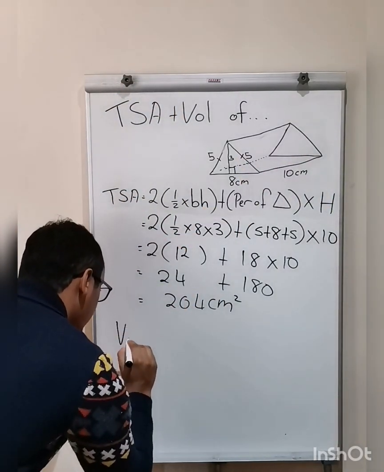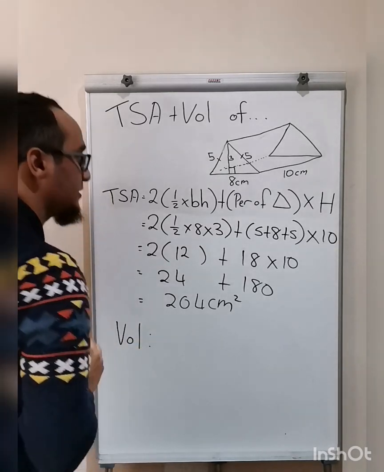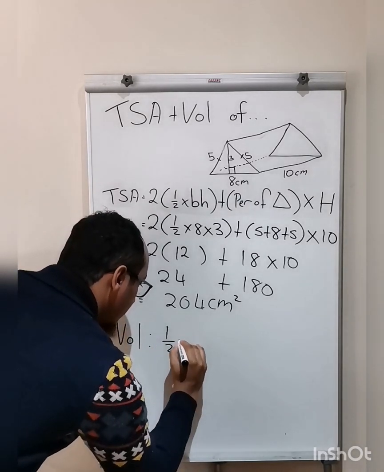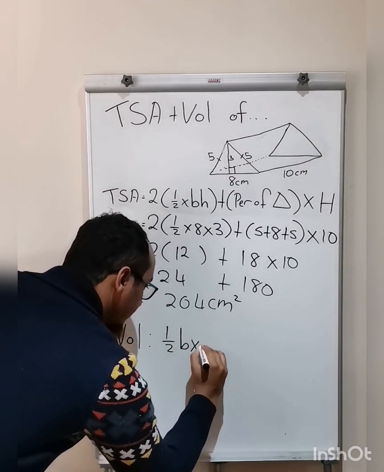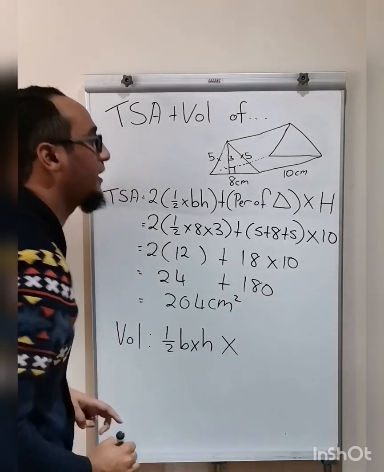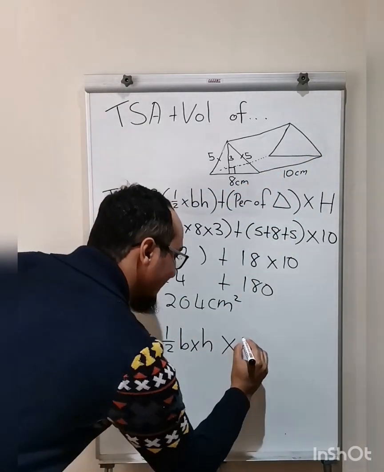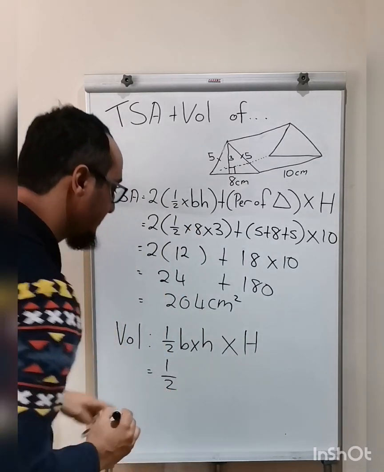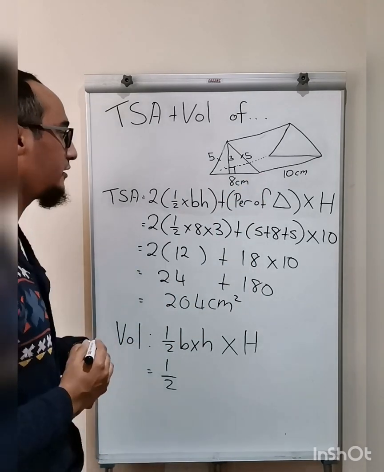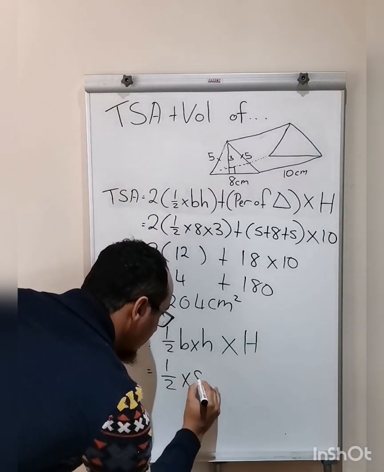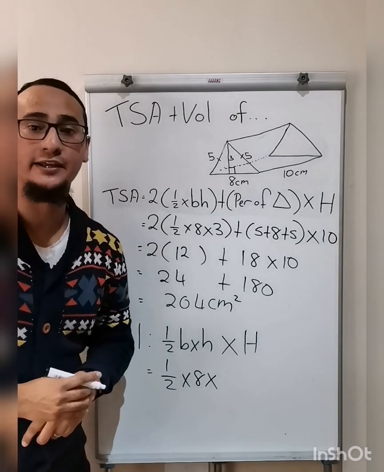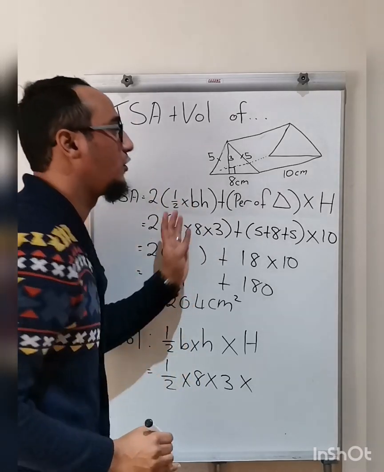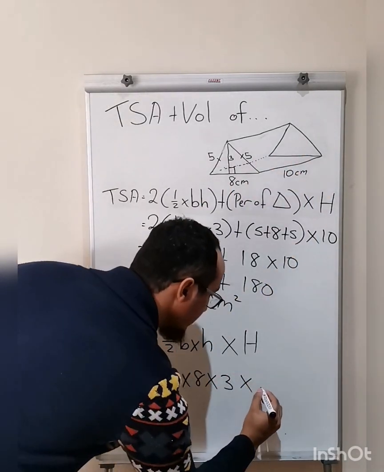So volume is the area of the base, otherwise my triangle, it is half base multiplied by height, multiplied by the height of the prism, which is a capital letter H, is equal to half. What's the base of my front triangle? It is equal to 8 multiplied by the perpendicular height of your triangle, which is 3, and multiplied by how long or the height of the prism, which is equal to 10.